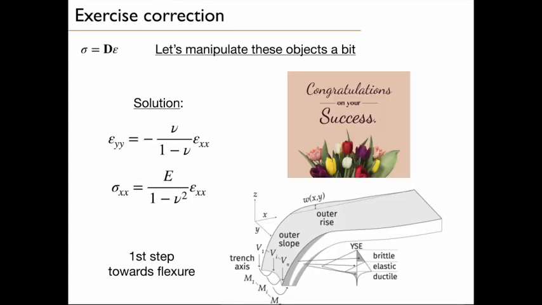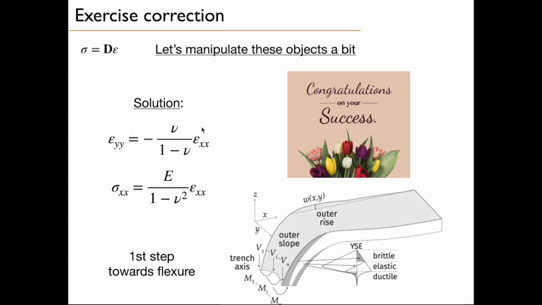During the exercise, you were led to manipulate these objects, and one of the questions was to use the constitutive relation here and to derive the relationship between epsilon yy and epsilon xx and the relation between sigma xx and epsilon xx.